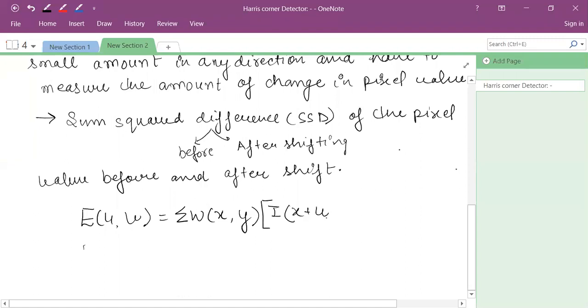So it is I(x+u, y+v) minus the previous intensity over the x and y coordinates inside the pixel value, and this is squared.